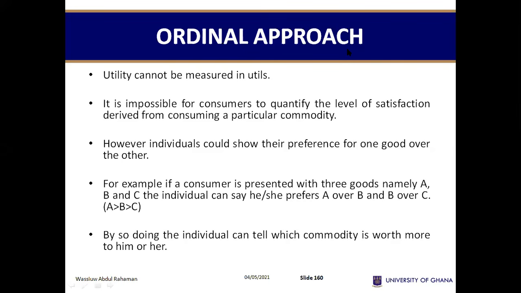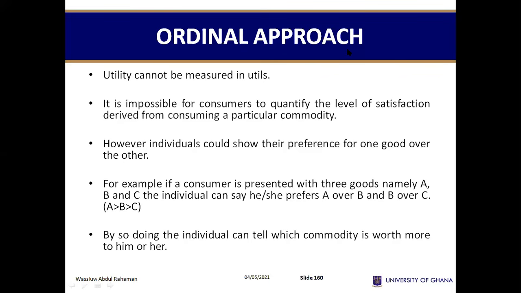Now, these people believe that utility cannot be measured, unlike the cardinalist approach, where they assume that utility can be measured in utils. But the ordinalist approach believes that utility cannot be measured. Right? In other words, utility cannot be quantified. The level of satisfaction gained from consuming a particular good cannot be quantified.